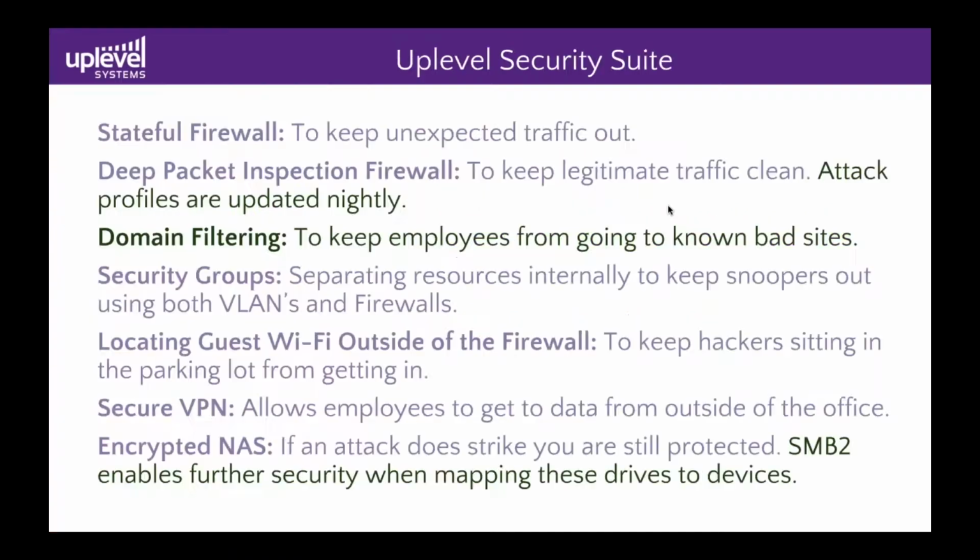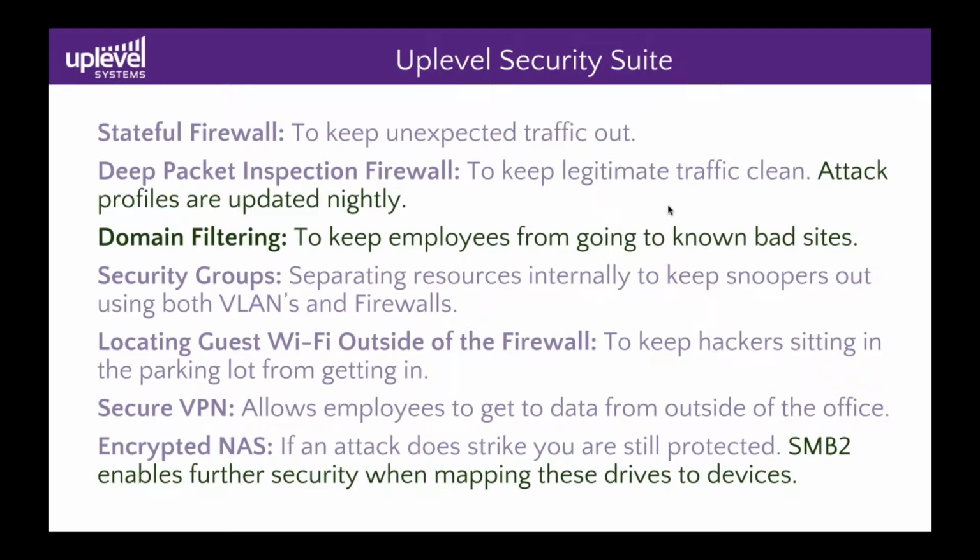Okay, so the Uplevel gateway always comes configured with a stateful firewall. It's port blocking, which is designed to prevent unsolicited traffic from coming into the network. This is the first line of defense for customers to prevent any unwanted traffic. The deep packet inspection firewall is an additional option that allows you to go in and inspect all inbound and outbound traffic for malicious content.